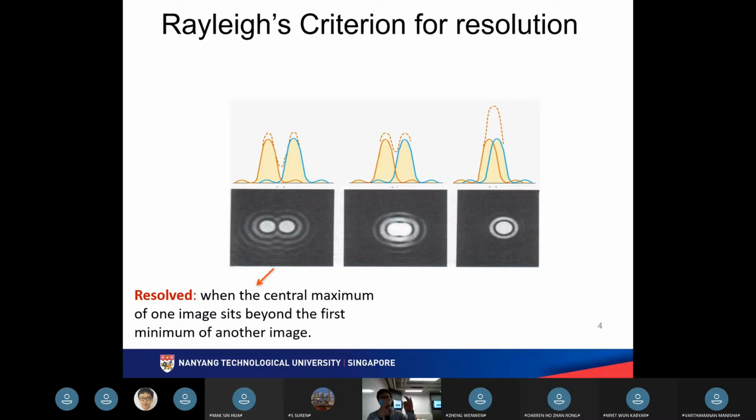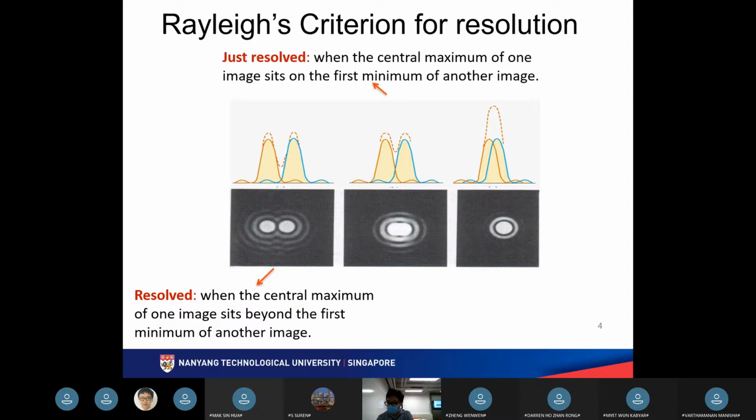But now suppose we decrease the distance between the two points. Correspondingly, the distance between the two images on the image plane will also decrease. Then at a certain position, the distance between the two images is just equal to the radius of their bright spot. At this point we can still say, more or less, that there are two images.